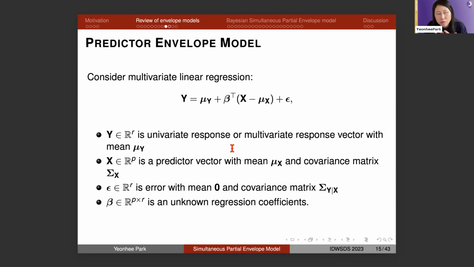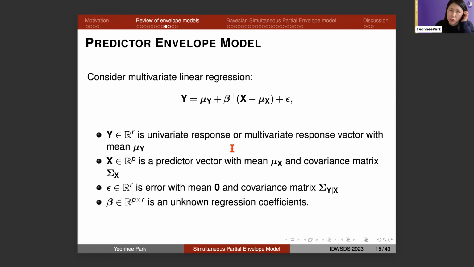So far, I reviewed the Y envelope, meaning that we reduce the dimension of the response vector. And envelope models have been adopted in many other areas, and one example is the predictor envelope model. So now we want to reduce the dimension of the predictors.